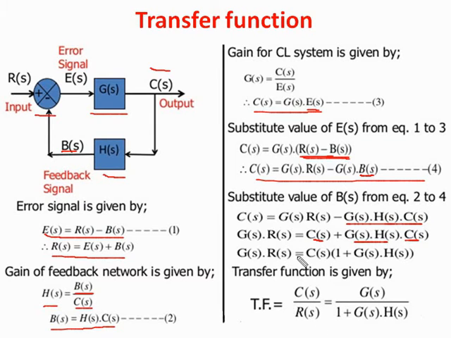So R(s) comes to the denominator, and this transfers to the denominator of G(s). So this system becomes G(s) divided by 1 plus G(s) H(s). So this is the transfer function of the feedback system.